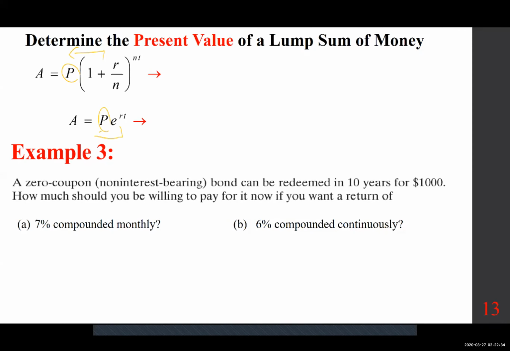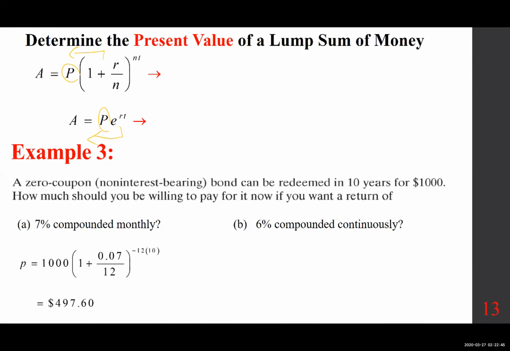How do we move it to the other side? We divide by it. Division means negative exponent, class. Oh, I'm sorry, the order is wrong, but that's fine.